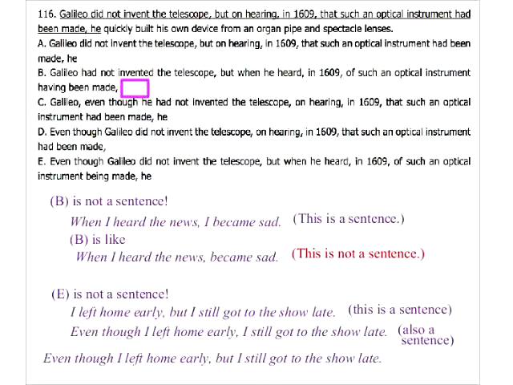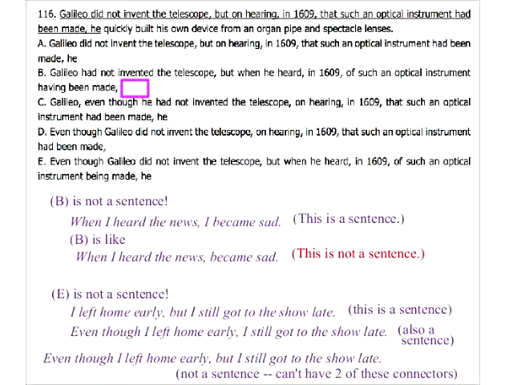This is not a sentence. This is kind of like having two ands, or two buts. You can't have two of these connectors. So there. This is like, even though I left home early, but I still got to the show late.